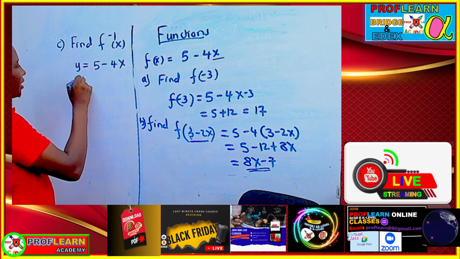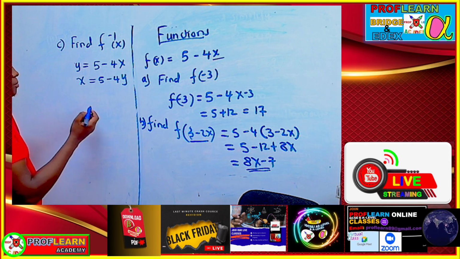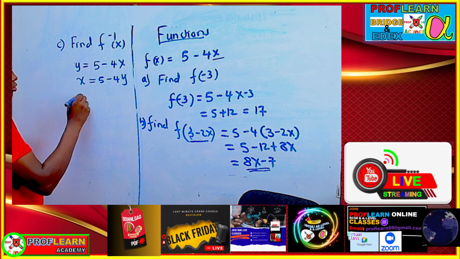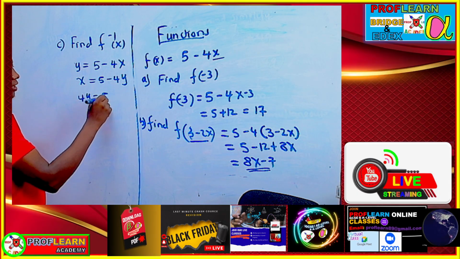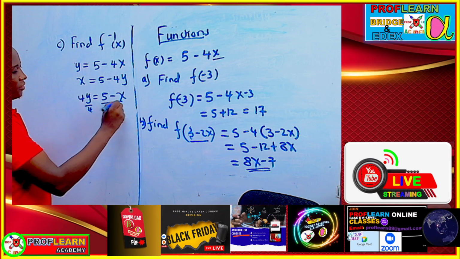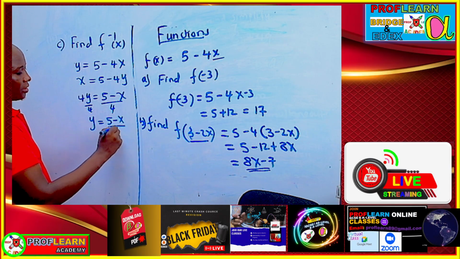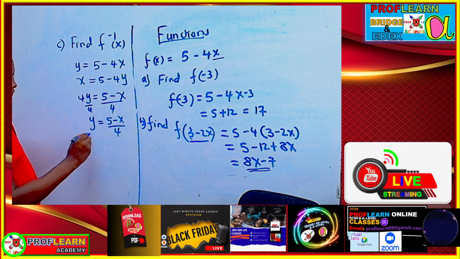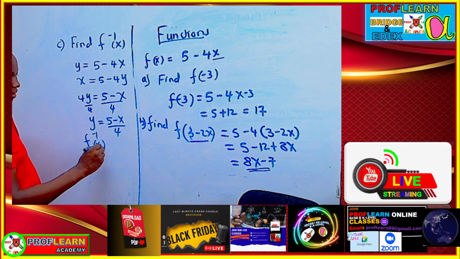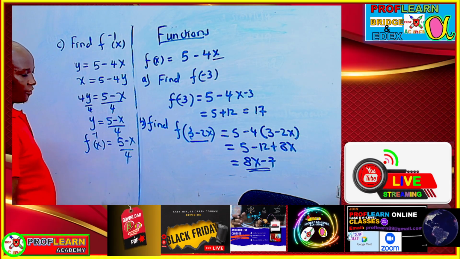Where you have y, you write x is equal to 5 minus 4y. Then you make y the subject of the formula, so it will be 4y is equal to 5 minus x. Then divide by 4. y is equal to 5 minus x over 4. And then f inverse of x, which is the inverse function, is 5 minus x over 4.